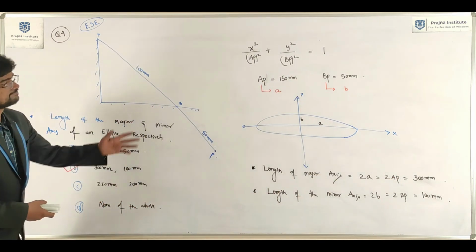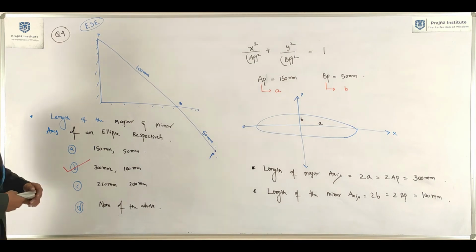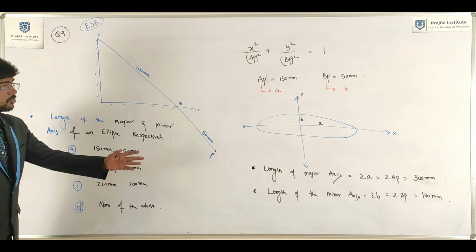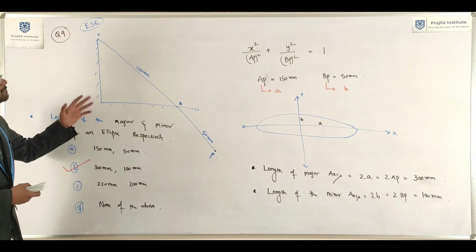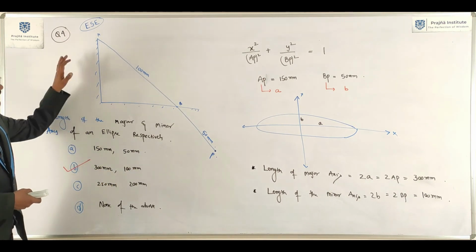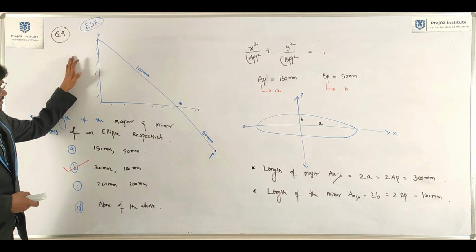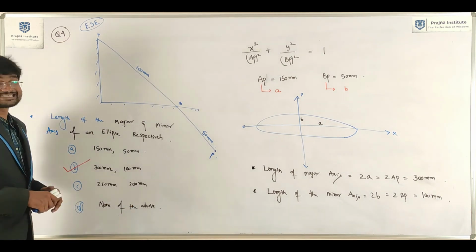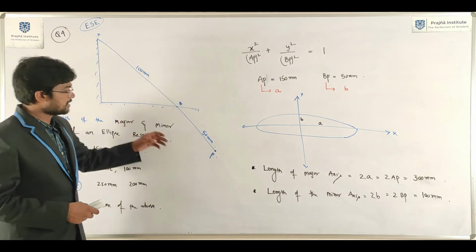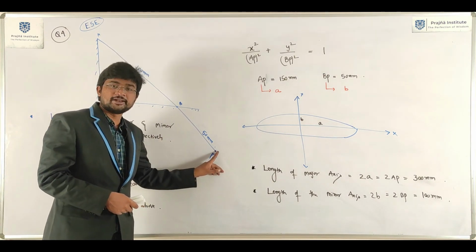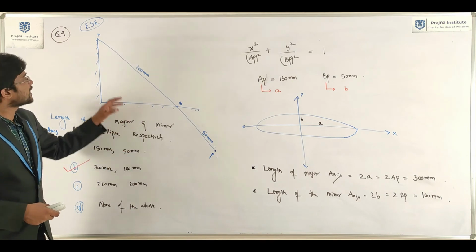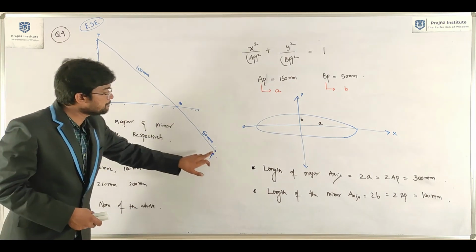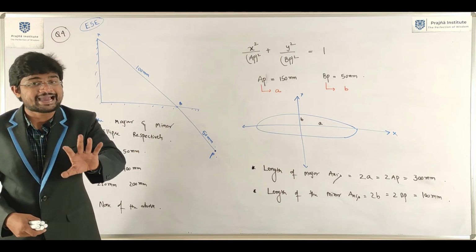This is the question given in the engineering service examination. The topic here is the elliptical trammel, and they gave this particular figure. From that you need to understand that it is an elliptical trammel, and this is the pencil position. You can draw an ellipse. AP is the length of the semi-major axis, BP is the length of the semi-minor axis.